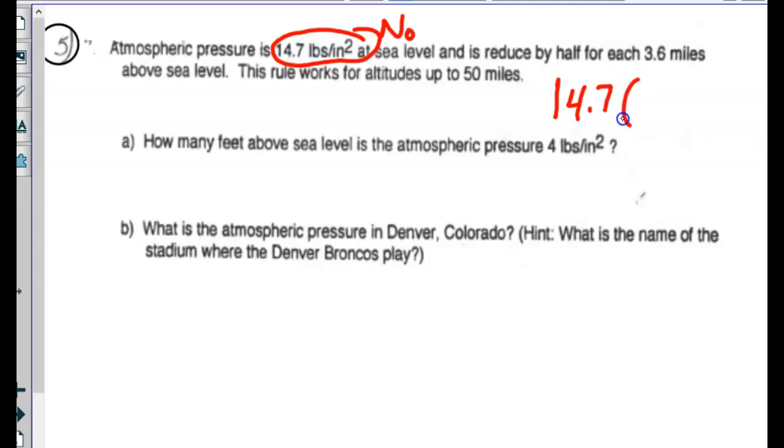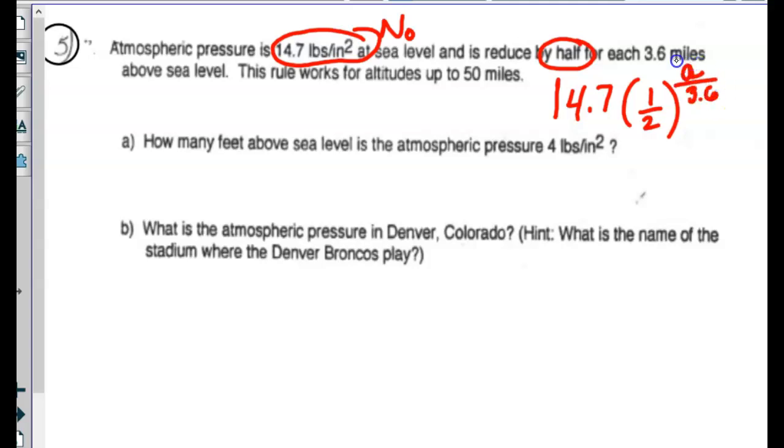And what's the rate it's changing by? Half. So that goes in here, but it only happens every multiple of what? 3.6 miles. So should I use A for altitude divided by 3.6?